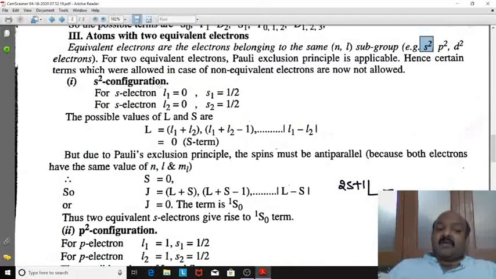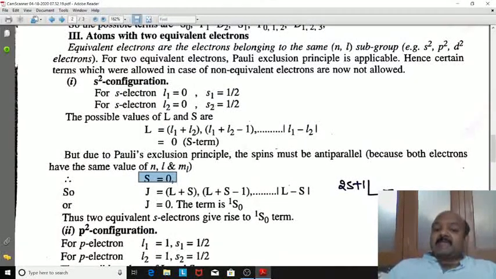For the S2 configuration, L1 and L2 values are both 0, and S1, S2 values are half and half, spin half. Corresponding to this, capital L value will be 0 plus 0, an S term. Now capital S is S1 plus S2.